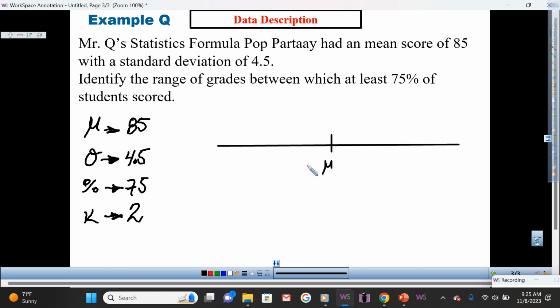All right, so we got our mean. We got our second standard deviation. And we said how much percent was that?